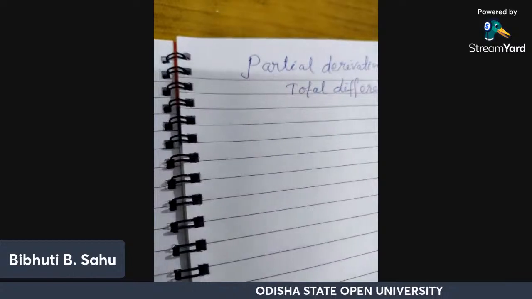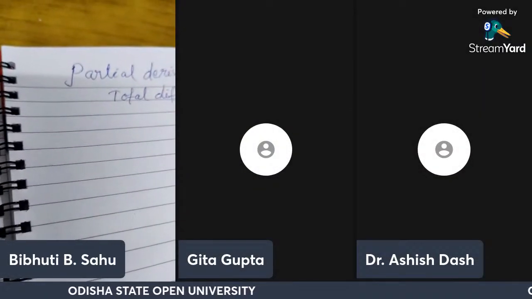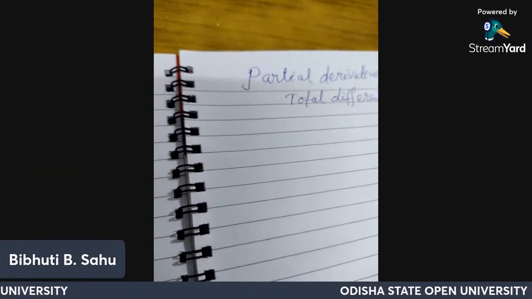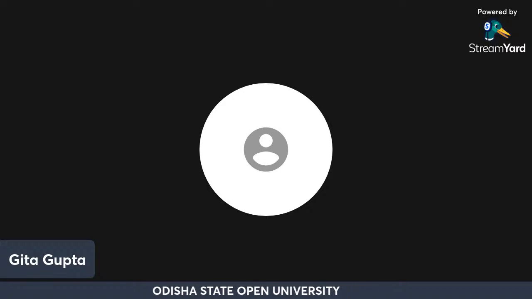That means there is one independent variable which is related with the dependent variable, and the dependent variable is only one.